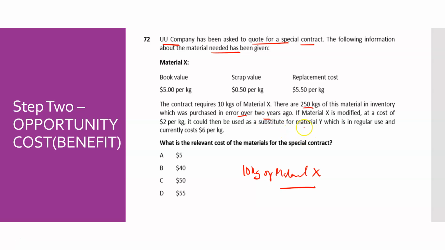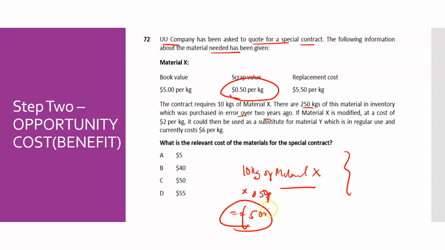So we're not going to be using this material anymore in the business. So I could just sell it. At least if I sell it, it says the scrap value is 50p, so for the 10 kilograms, at least we'll get £5.